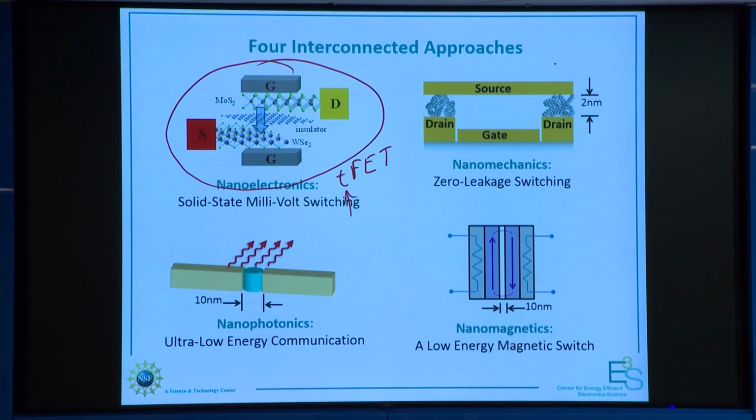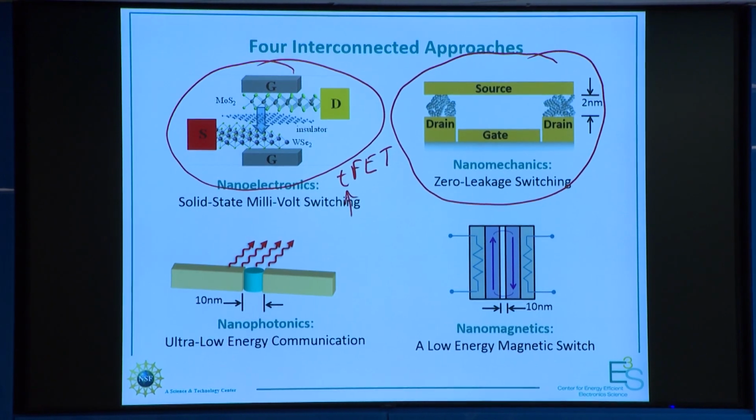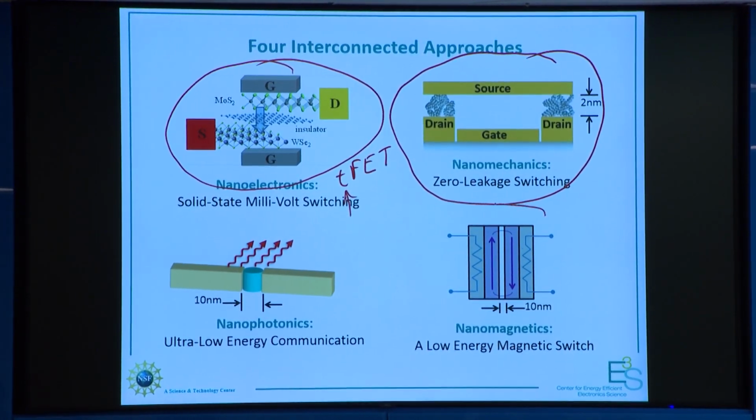There are other types of switches. There is room for nanomechanical switches. And I'll show you that in the center we were doing some work with nanomechanical switches. I'll be featuring the work of your own Professor Farnaz Niroui. Okay, and then people say, oh, we can switch magnets.